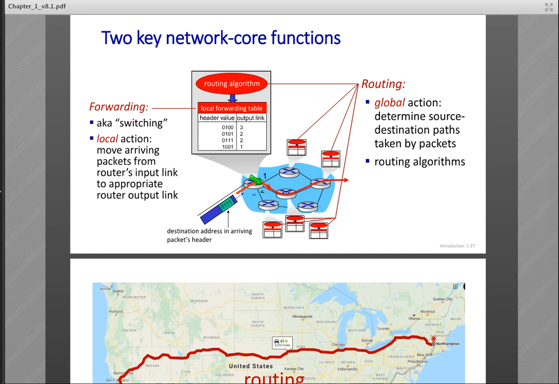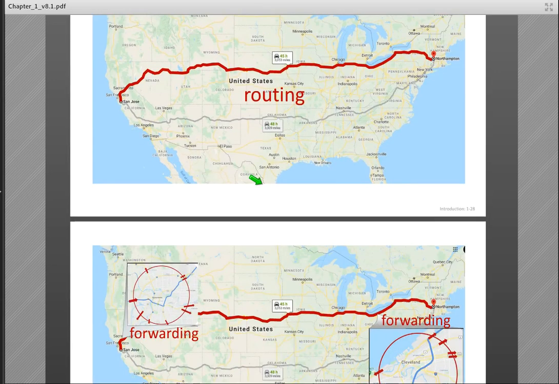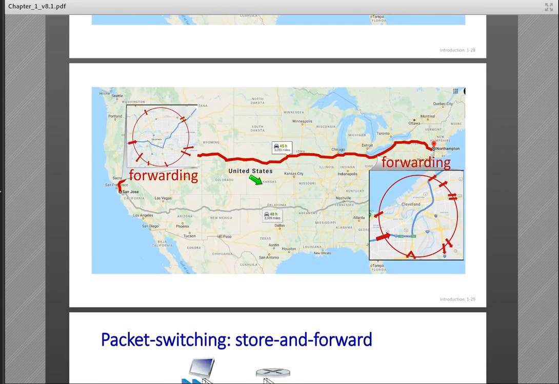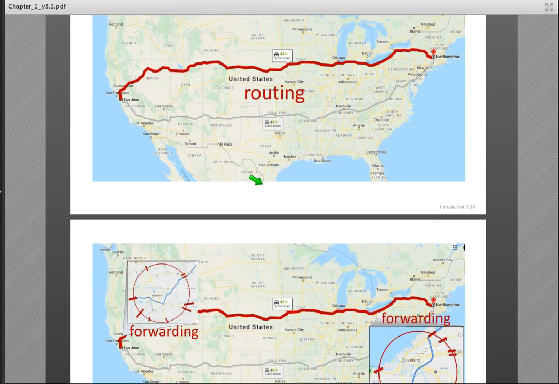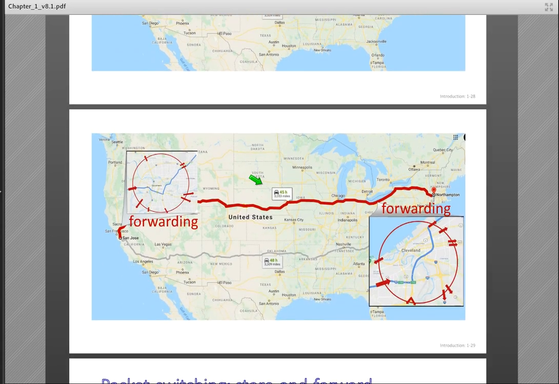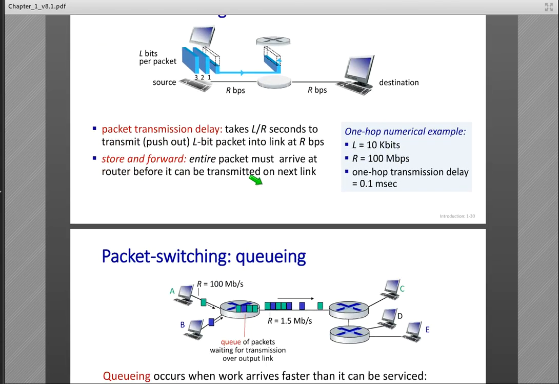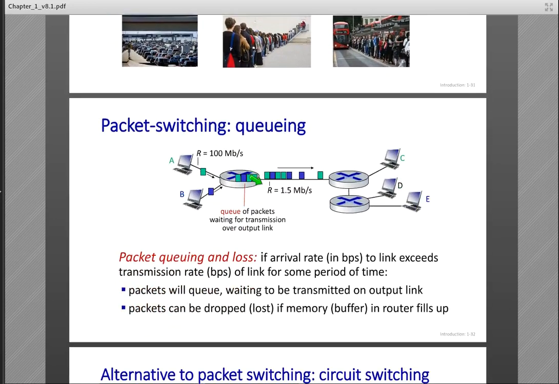Then for the next packet, again we look at the destination and find the output link. We repeat this function multiple times in a second, one by one for each packet. So firstly, we find a route, and then we forward through that route toward the destination.